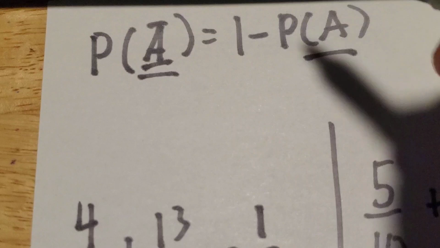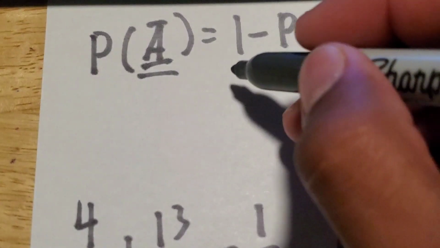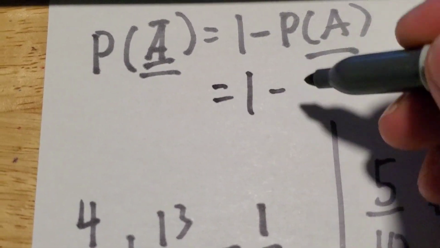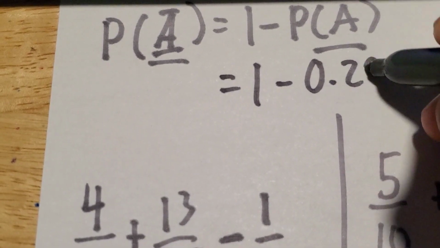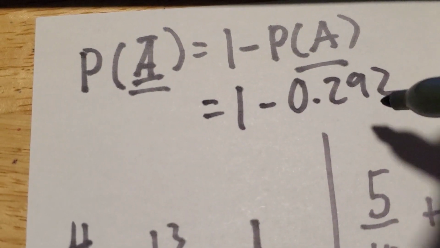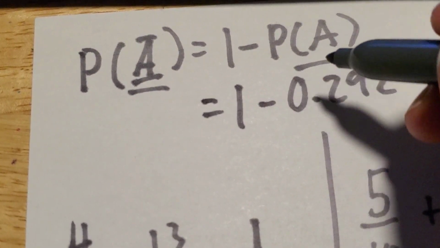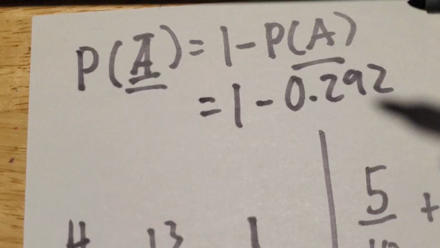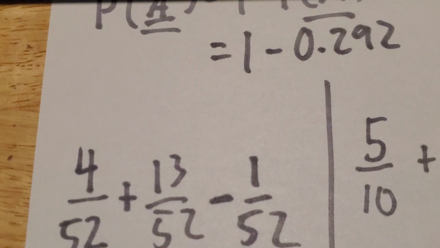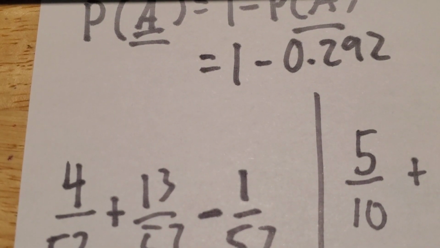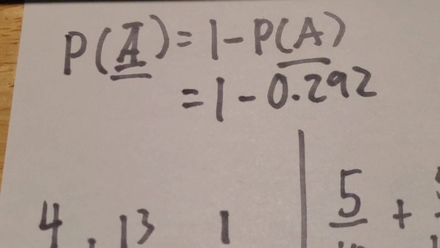That will be 1 minus 0.292, and the difference gives you the probability of someone who has not sleepwalked. So again, that's just an example of using the complement rule. It doesn't have an or.